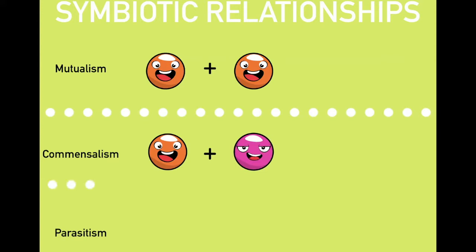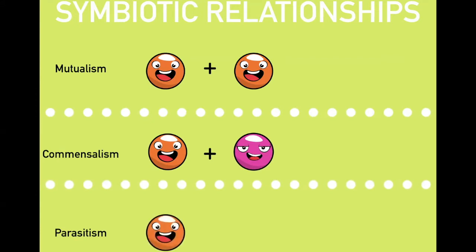And last but not least, parasitism. In parasitism, we have one organism that benefits, and again, organism is any living thing, whether it's a plant or an animal. So one of them is benefiting, it's happy because it's gaining something out of this relationship, but the other is unhappy.